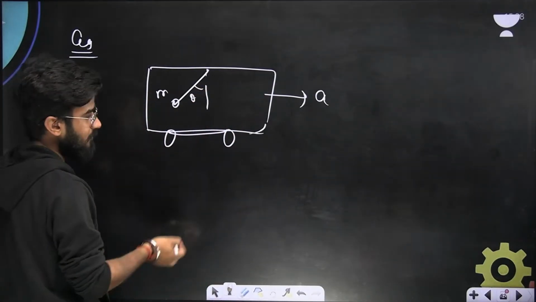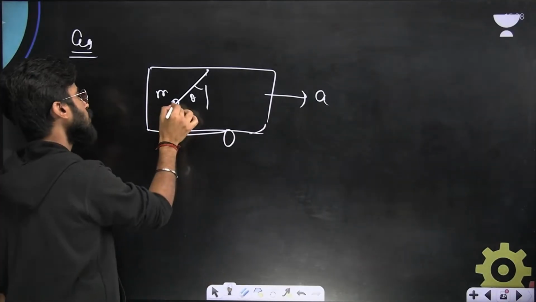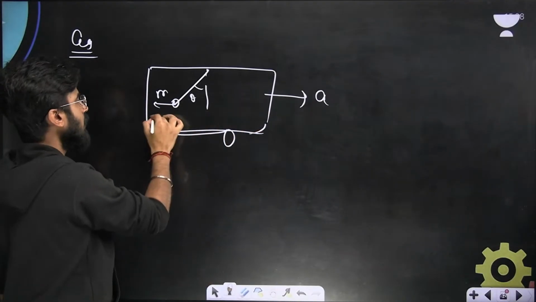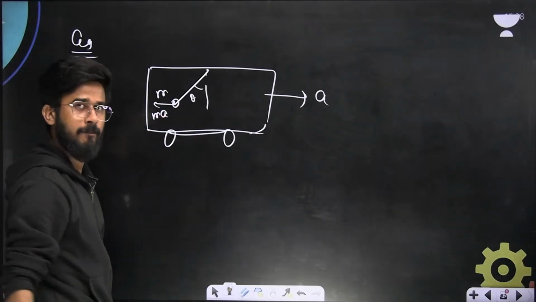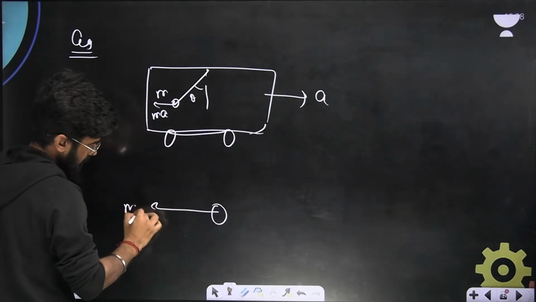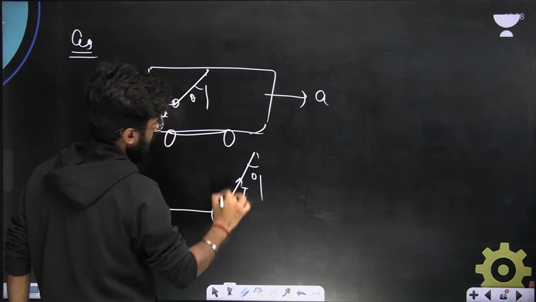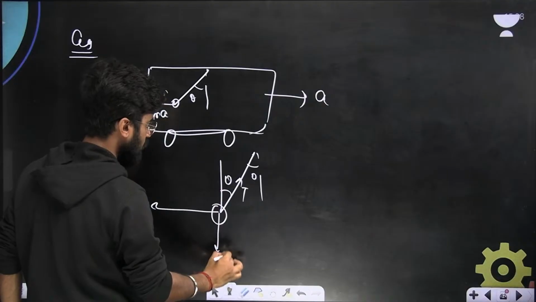If the angle is theta, we have to just solve the equations of motion. First of all, what is the pseudo force? Pseudo force is in the opposite direction to the acceleration, mass into the acceleration of the frame. So I'm writing it very clearly: this is ma. This is the tension T. This is theta. Downwards is mg.